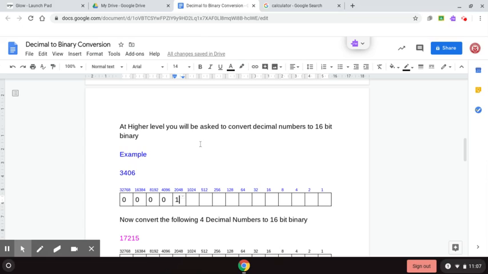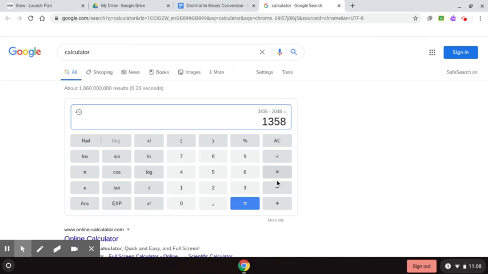So 1358, is it bigger or smaller than 1024? It's bigger. So you put a 1 in there and you minus 1024. That gives you 334.